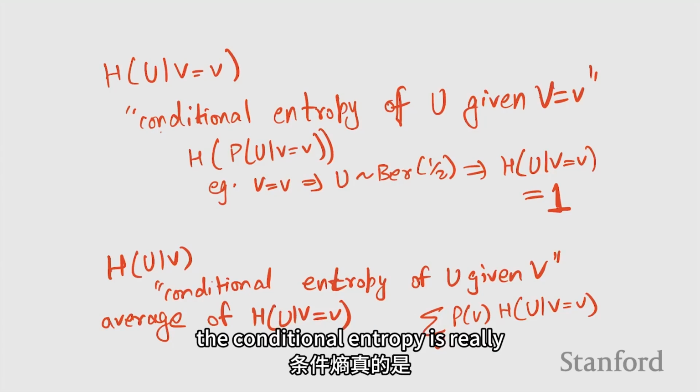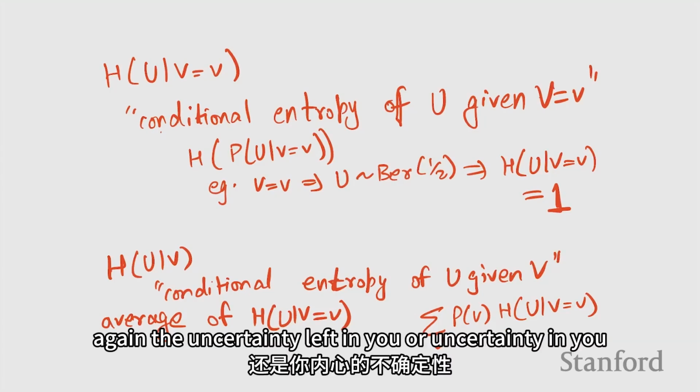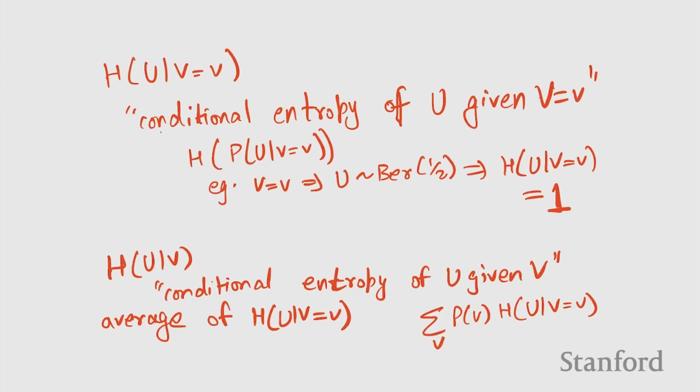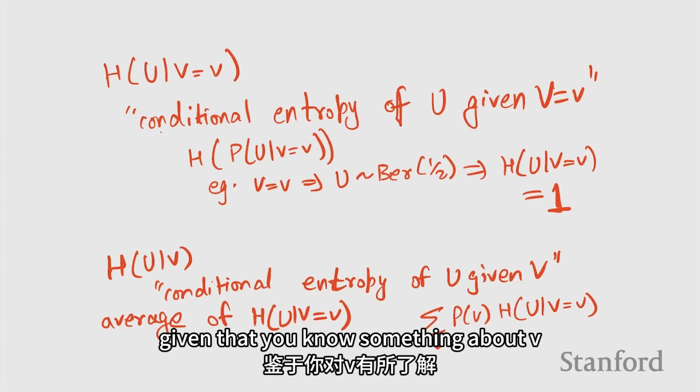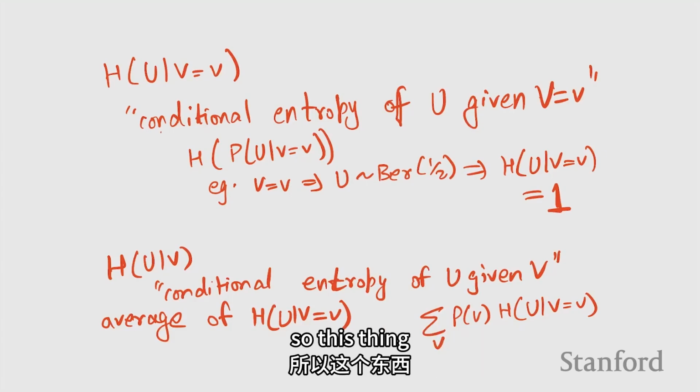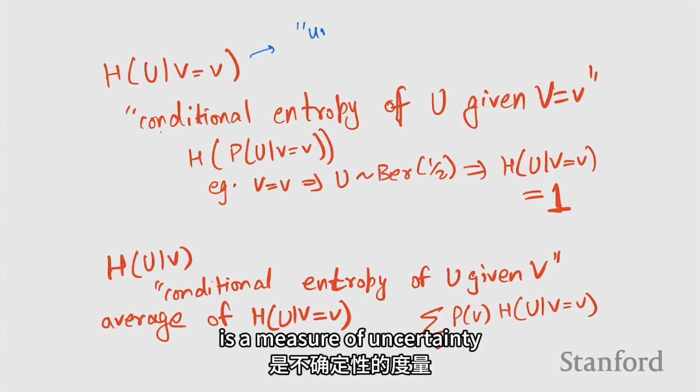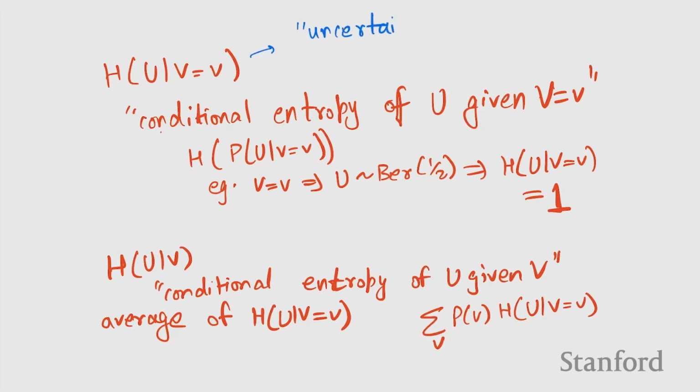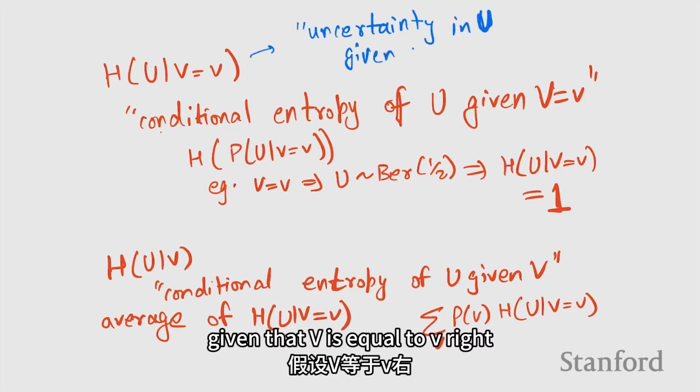So the conditional entropy is really the uncertainty left in U, given that you know something about V. This thing is a measure of uncertainty in U given that V is equal to v.